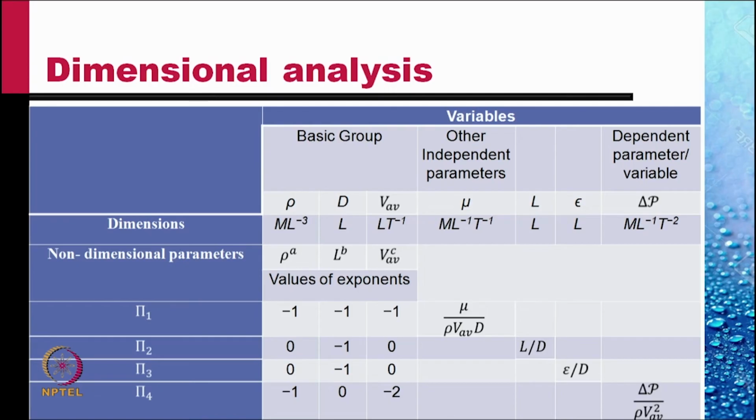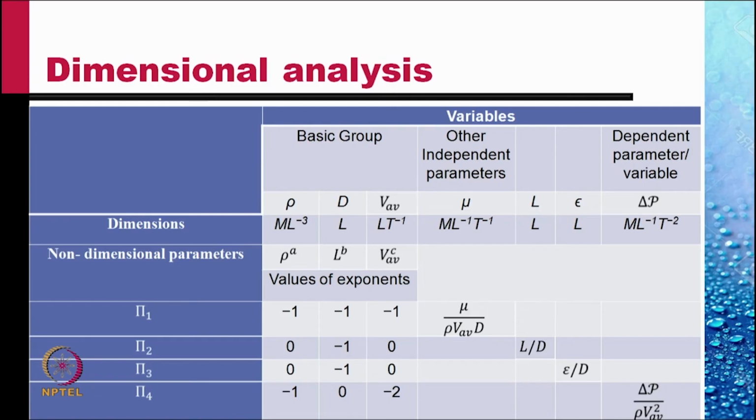There are 3 dimensions involved, M, L, and T here, and so we choose 3 independent parameters as the basic group, and rho, D, V average involve all these 3 dimensions and do not form any non-dimensional parameter amongst themselves.